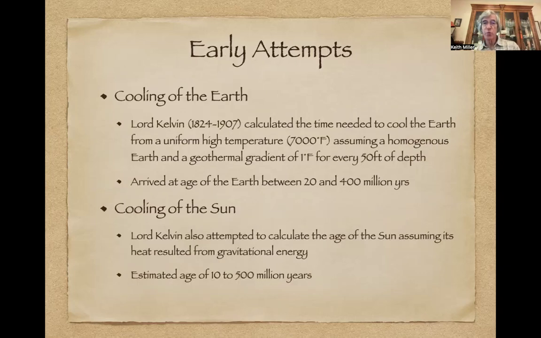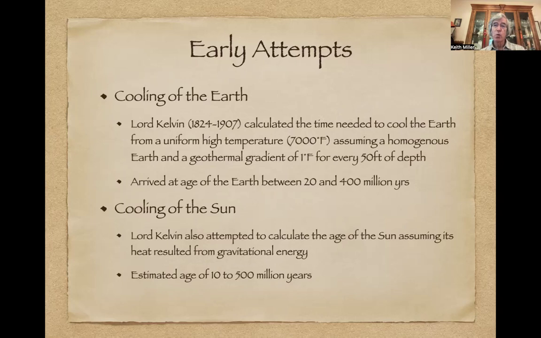A very, very famous one, Lord Kelvin, who was a very, very highly respected physicist at the turn of the century, determined that the Earth was probably molten when it formed and very hot.